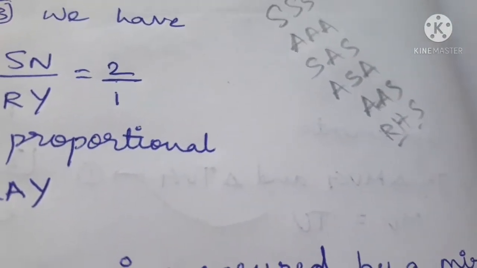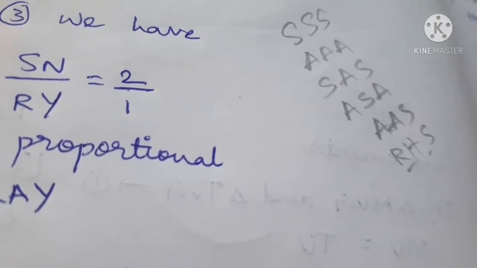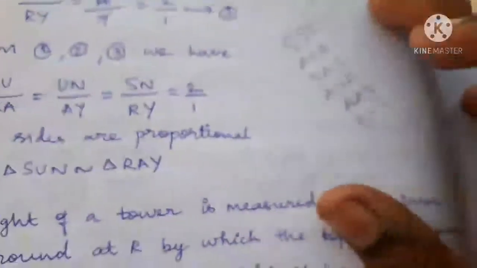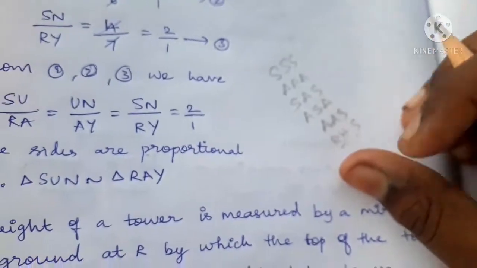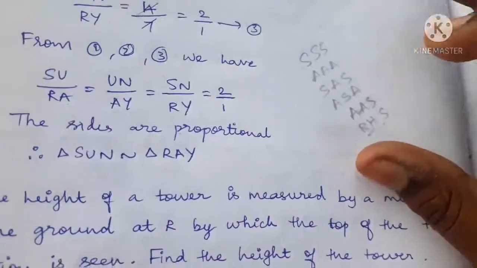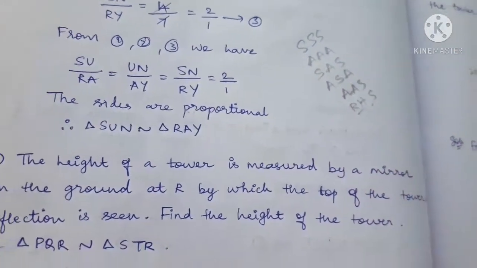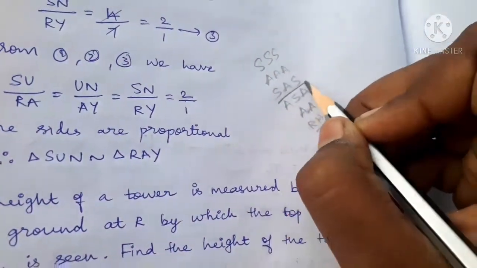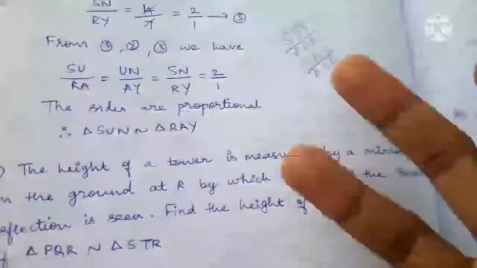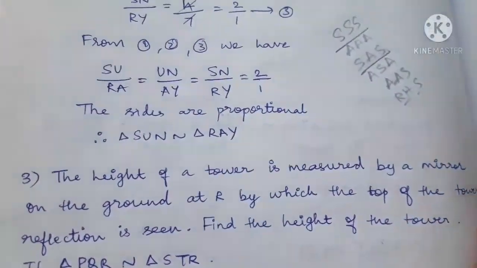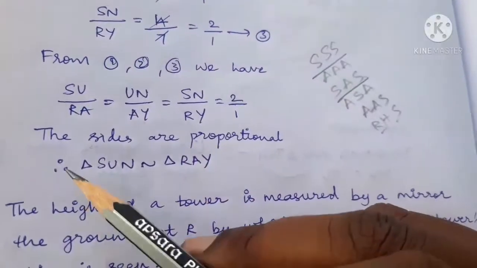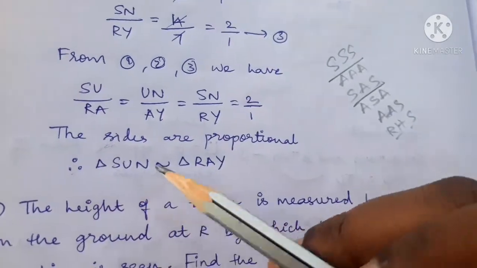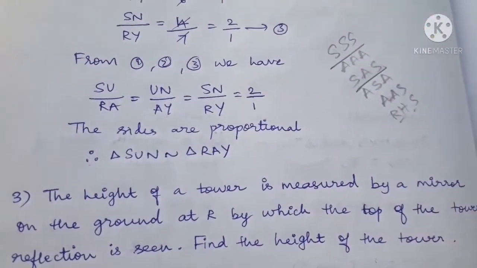So this is the property. These are all the properties I told you. These are 6 properties which are very important in the geometry lesson. In the first question we used this, and now we are using this. We'll use many properties. Therefore the sides are proportional, and therefore triangle SUN is similar to triangle RAY.